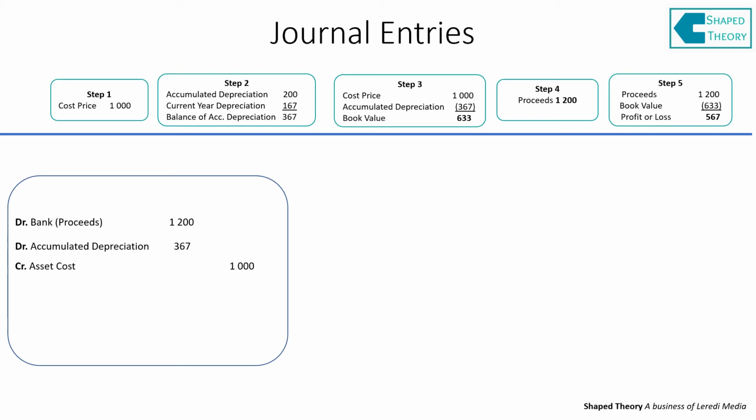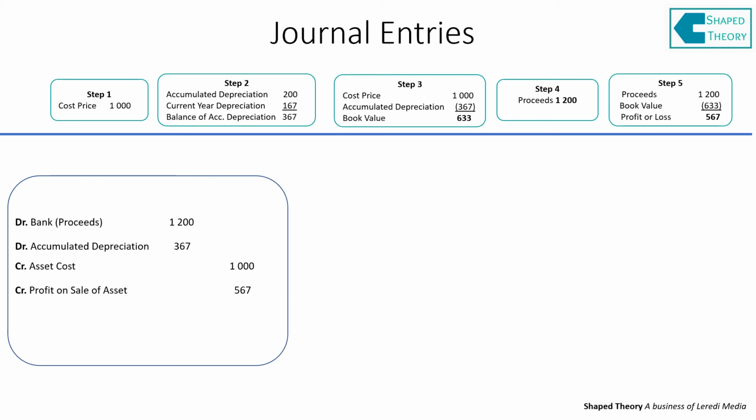In step 5, we have calculated our profit on the sale of asset to be 567. Since this is a profit, it means it is an income in the income statement or the statement of profit and loss. An income in the income statement has a credit balance.